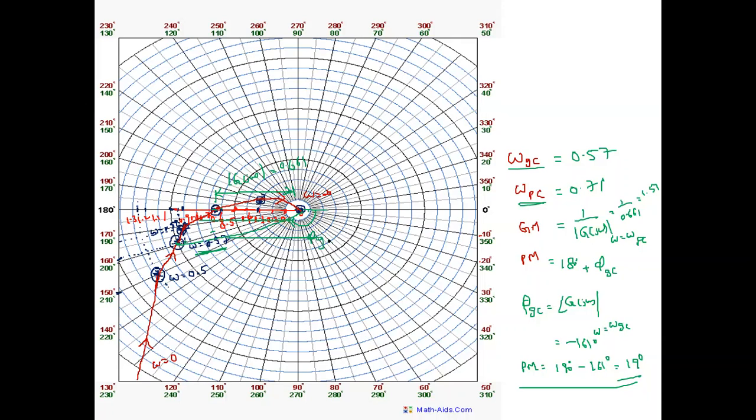Pallavi, are you able to see this value of phi GC? Yes, sir. Points and all we can mark. If you have a protractor and compass, you can calculate this angle. Anyhow, the plot is over.